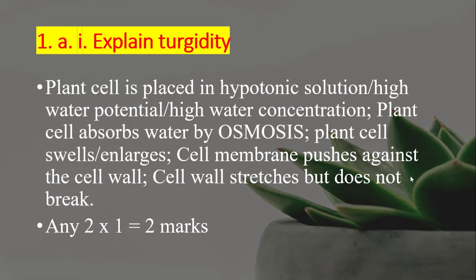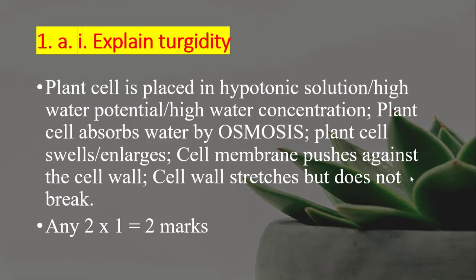The plant cell swells or enlarges, the cell membrane pushes against the cell wall, and the cell wall stretches but does not break. You can go on to say that it becomes rigid, tough, and so on. All these explain a plant cell in a turgid situation. So any two of these will give you 2 marks.